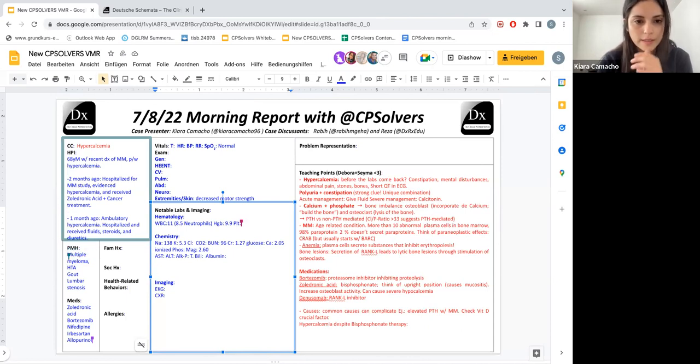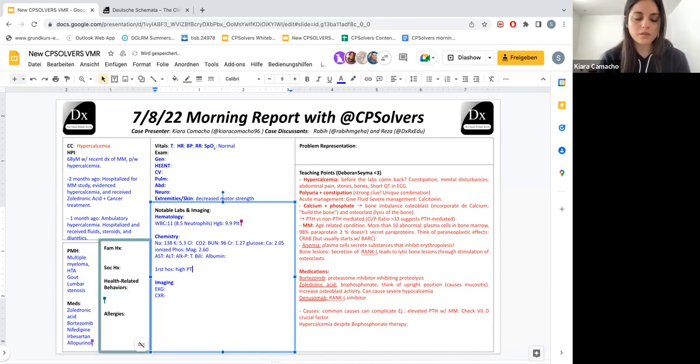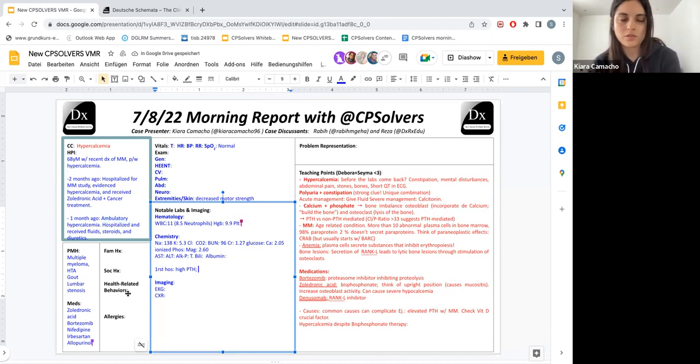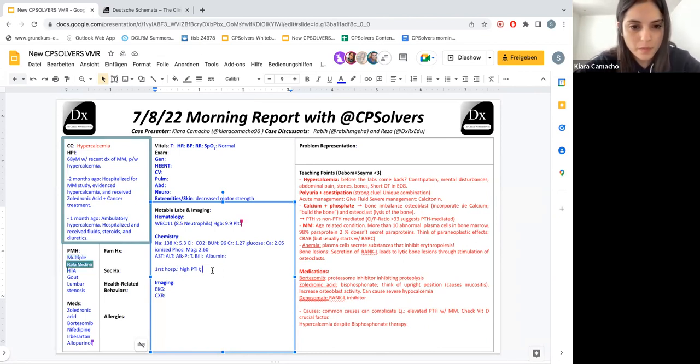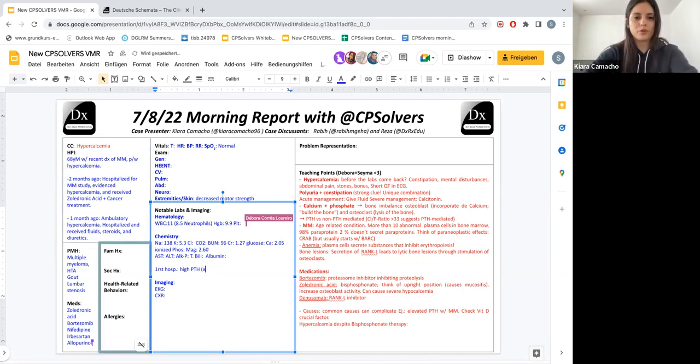We found that in his first hospitalization, he had elevated PTH. So further labs were ordered. We ordered first an oncology consult and an endocrinology consult, and after that some further labs. We found that PTH was high, almost 400, 404.